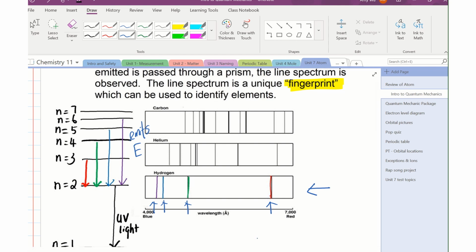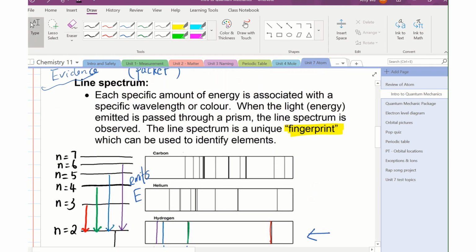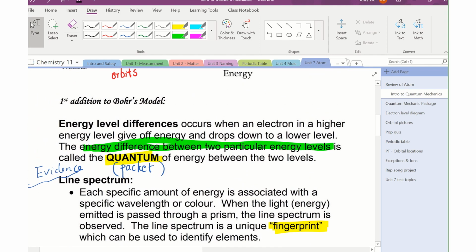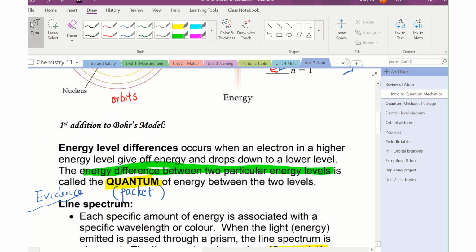When it goes back to the lower energy level, we can observe those certain colors. So we see the purple, blue, green, and red for hydrogen gas. Again, this is the packet of energy, and we call it quantum. So that's the first thing that's added to the Bohr's model.